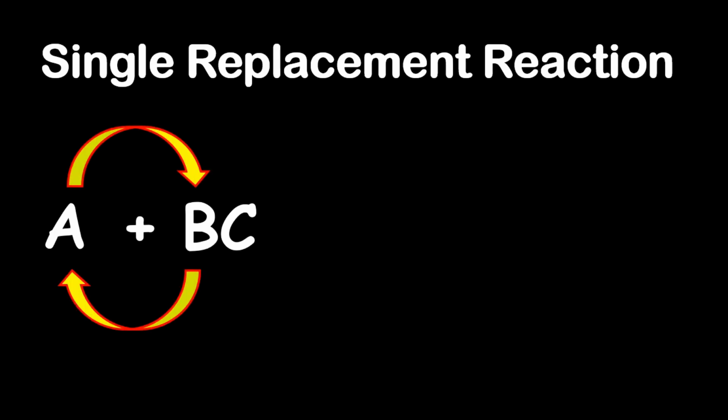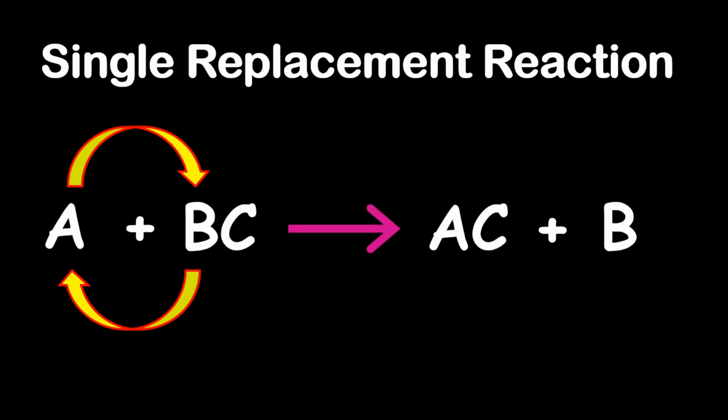Generally representing this type of reaction is substance A reacts with substance BC, but I want you to notice something. Substance A must replace substance B, and in this case, substance A must be more reactive than substance B. So this will produce substance AC and substance B.